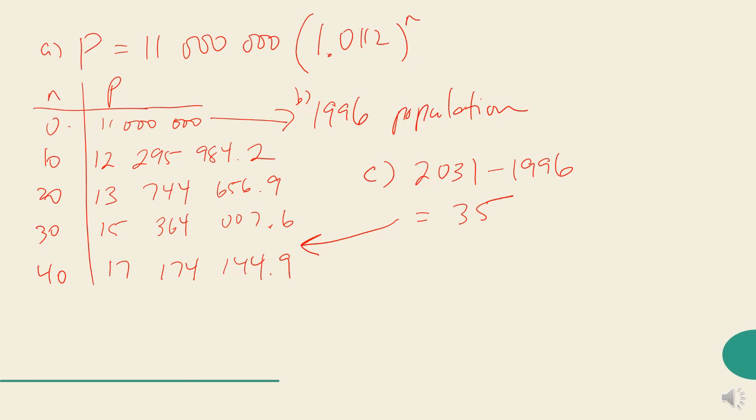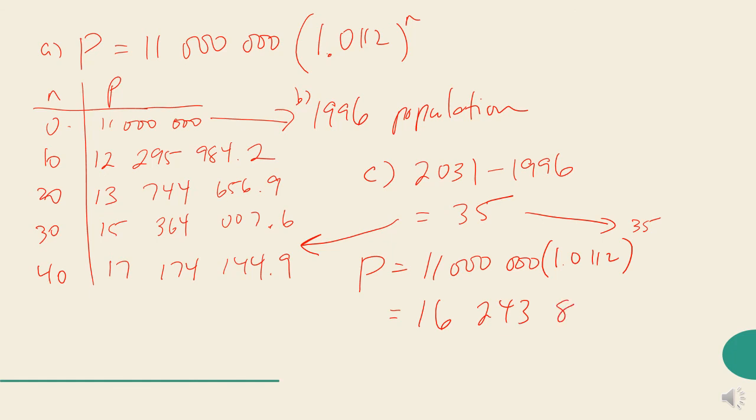But let's use our calculator. P equals 11 million, 1.0112. And we're not putting 2031 in for n, we're putting 35 because it's number of years since or after 1996. Enter that into your calculator, and hopefully you get the same thing as me, 16,243,881.7.